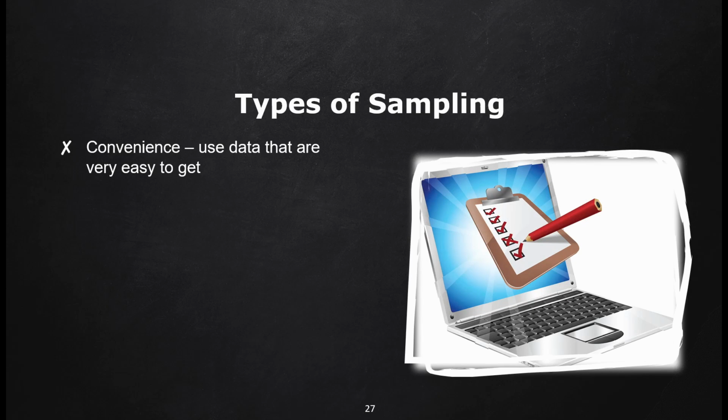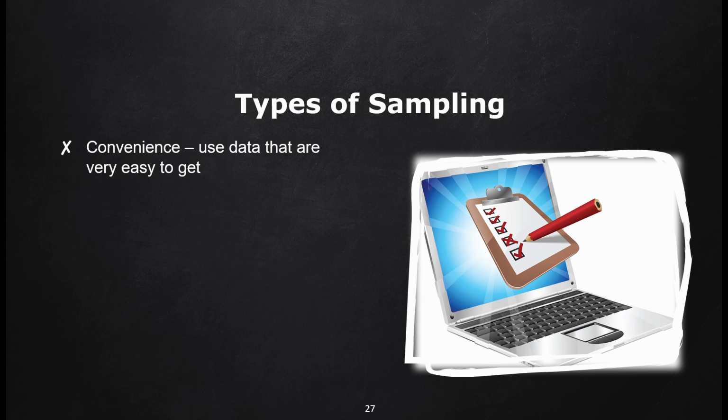And the very last kind of sampling that I want to talk about here is convenience sampling. Basically, you just collect data that is easy to get. Say, for example, an internet poll. They ask you, hey, you want to participate in this poll about politics or any other topic of interest?